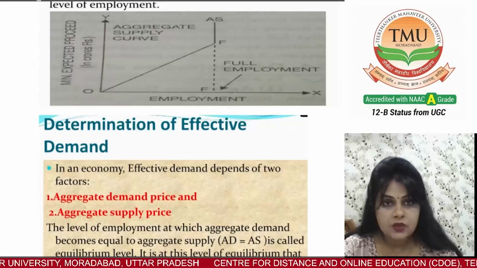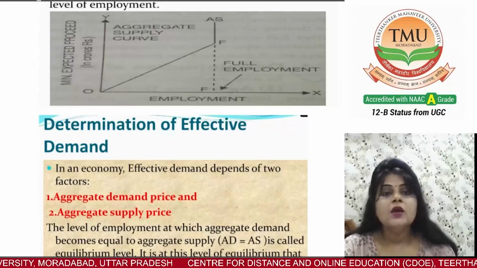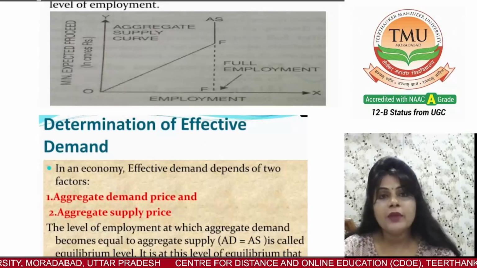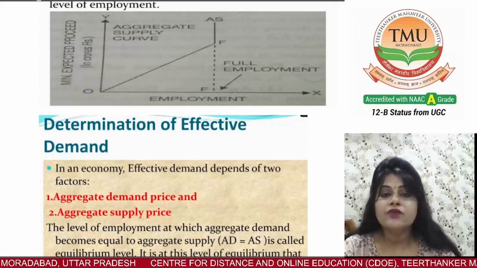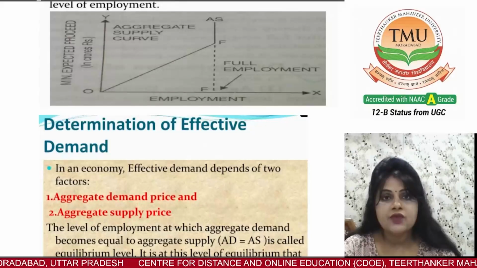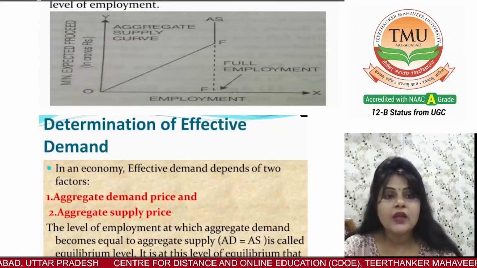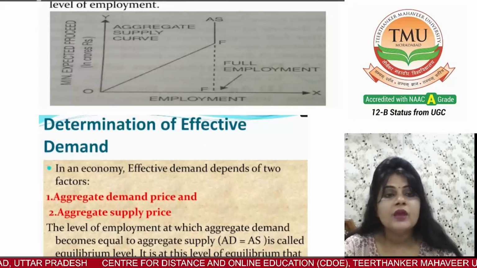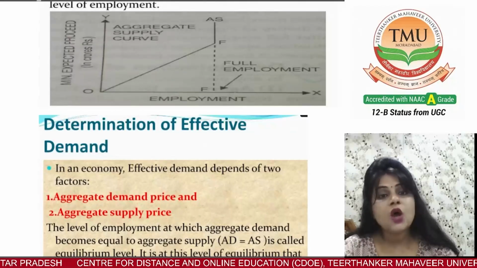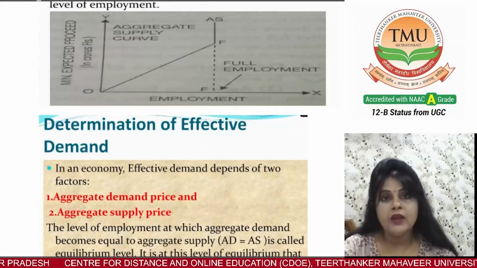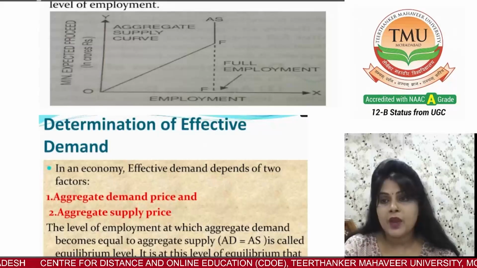It slopes upward from left to right because as the necessary expected proceeds increase, the level of employment also rises. But when the economy reaches full employment, the aggregate supply curve becomes vertical, even with the increase in aggregate supply price. It is not possible to provide more employment as the economy has attained full employment.